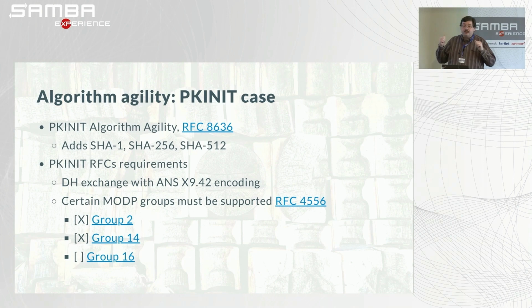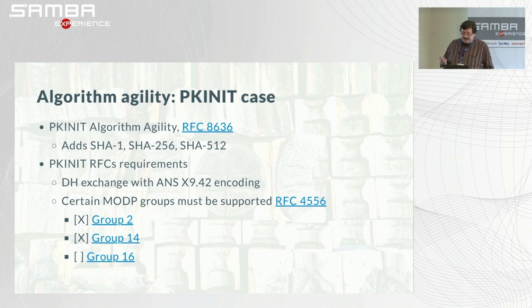So just one case. I'm not going to look at everything here. Just one case inside Kerberos. It's PKINIT. This is an extension that allows using smart cards or similar devices to obtain Kerberos tickets. And there is algorithm agility for PKINIT.